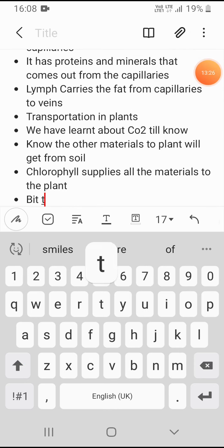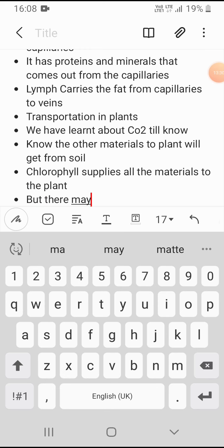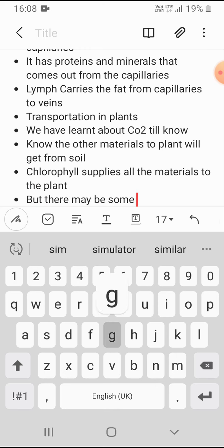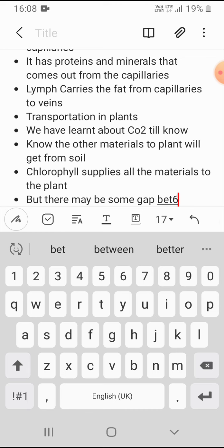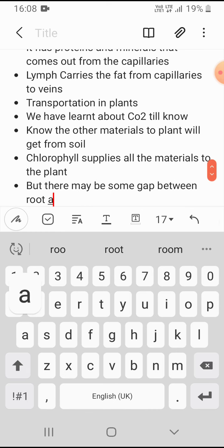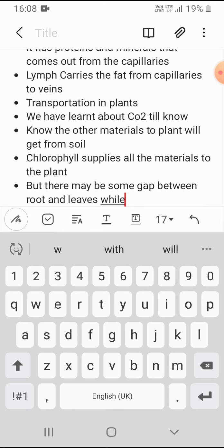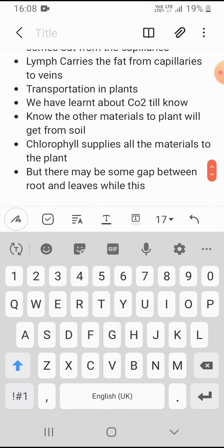But there may be some gap between the root and the leaves. So what to do?